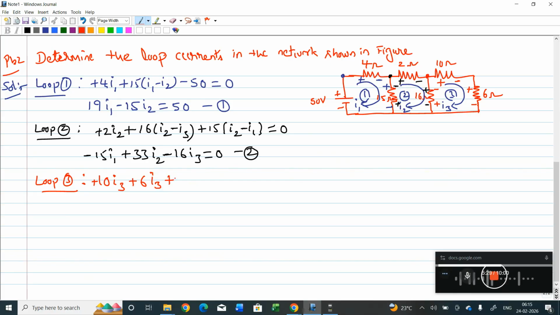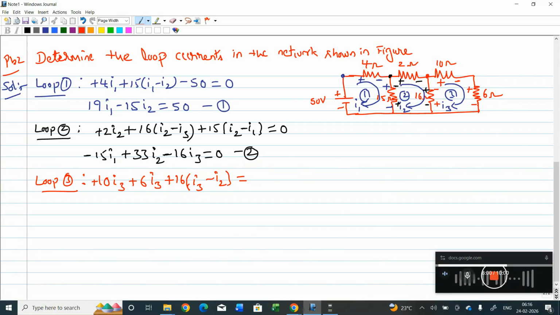Next, for 16 ohms, as we are facing the positive terminal at the beginning for all three resistors, we take all the drops as positive. The 16 ohms is common to both loop 3 and loop 2, so both I3 current and I2 current flow through it. As we are taking I3 as reference, I3 is positive for loop 3, and I2 is in the opposite direction to I3, so I2 will be minus: I3 minus I2.